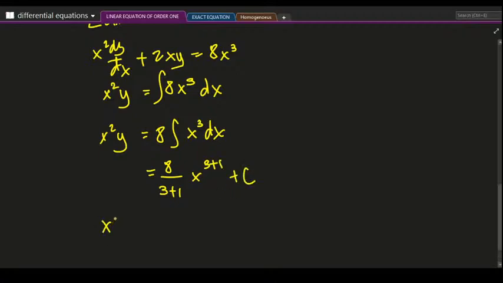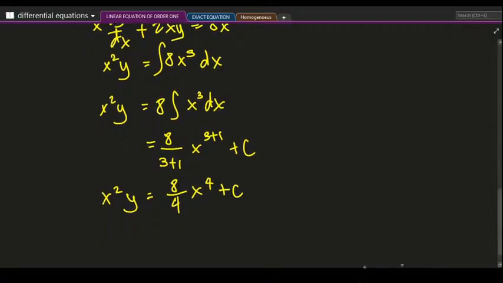So our final answer is x squared y is equal to 8 over 4 x to the 4th plus c. Okay, simplifying this further, we will have x squared y is equal to 2x to the 4th plus c. Okay, so this is now our answer.